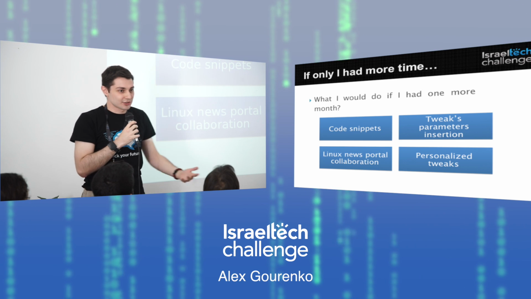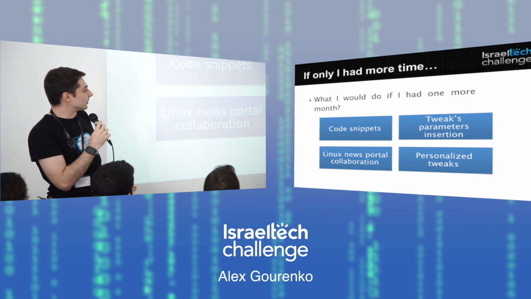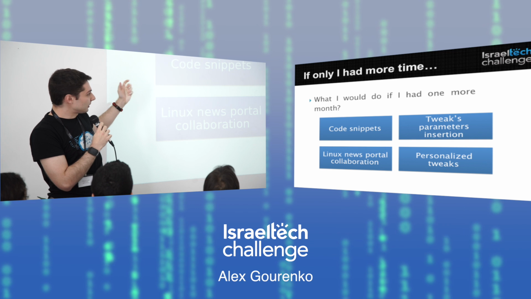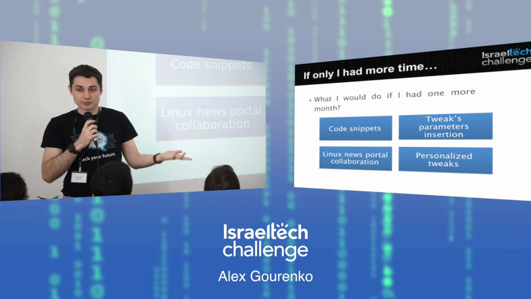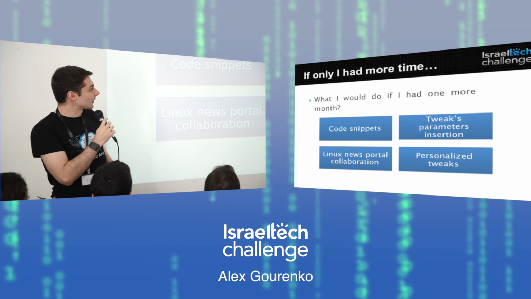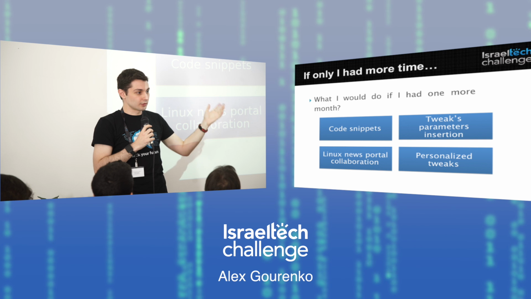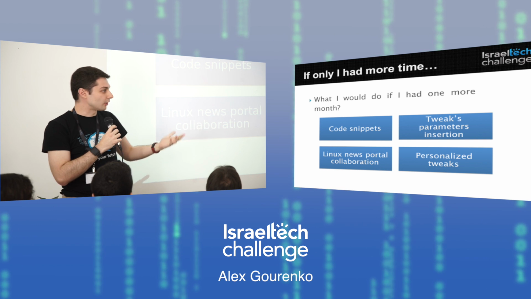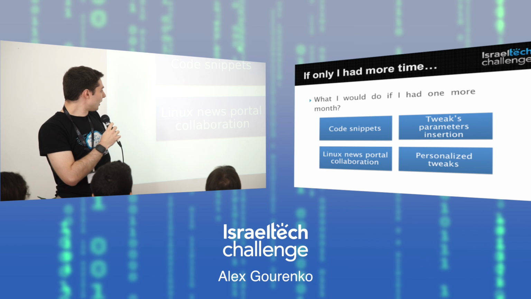Of course, projects are never ending, and there are lots of features you want to implement, but this is going to be the next step for me. I want to implement code snippets so you can paste this code to other portals and forums, and share it with people. I want to add tweak parameter insertion, meaning you don't change the whole code on your own, but you have specific fields which you can easily modify.